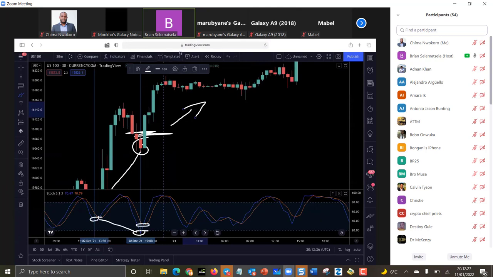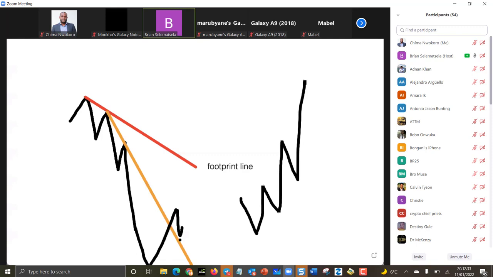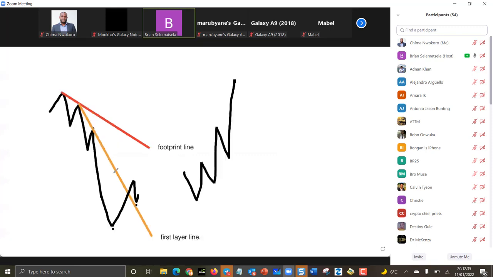So the same technique that I just showed, you're going to be using it between these 2 points, and you'll be taking your buy here. If I take a buy, the market will go in your direction.